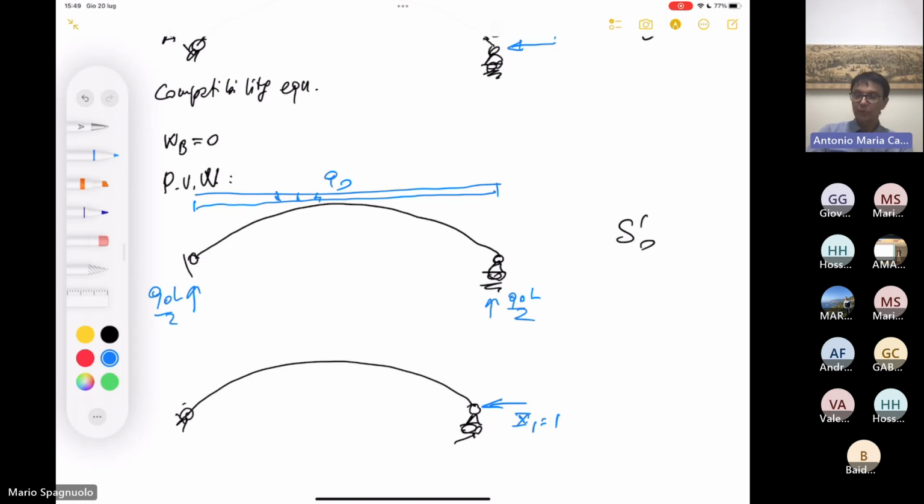If we want to compute the moment in the first bending moment distribution, we will have M0. I just want to make sure that I wrote it here.